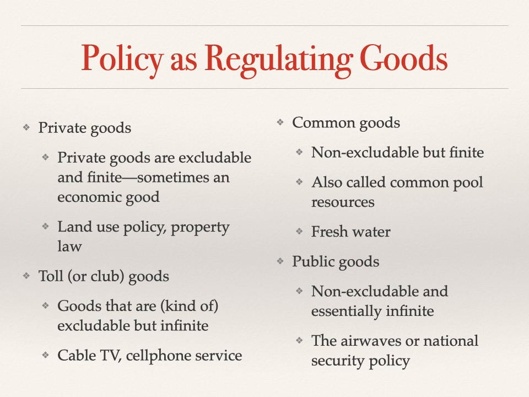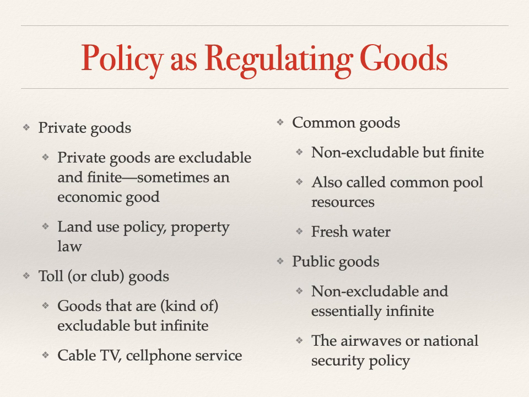Then you have club or toll goods. These goods are excludable in a way, but they're infinite. So basically, they're excludable. You can stop people from using them if they haven't paid for them, but they are non-rival or non-subtractable. They're infinite, right? My use of something doesn't stop you from using it.